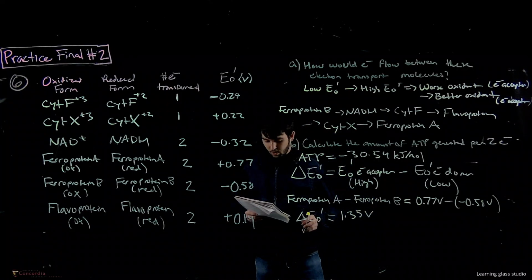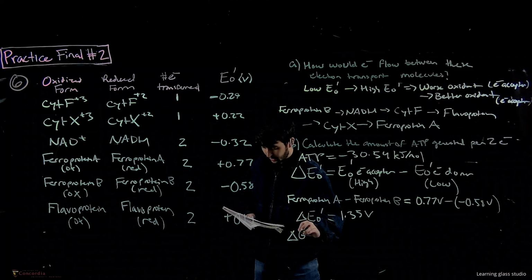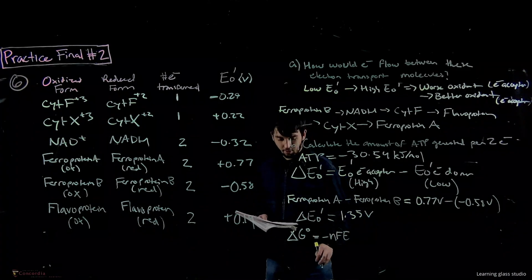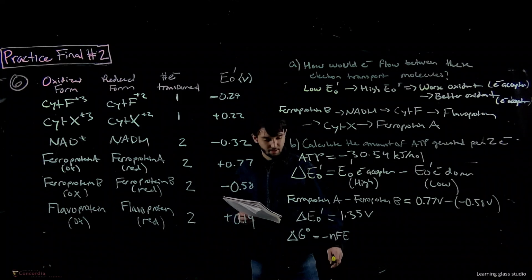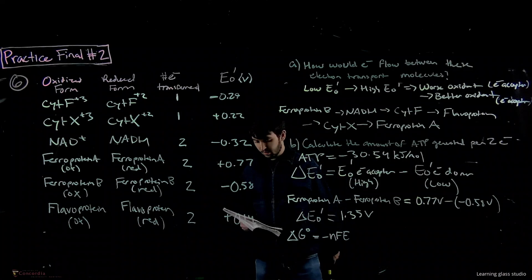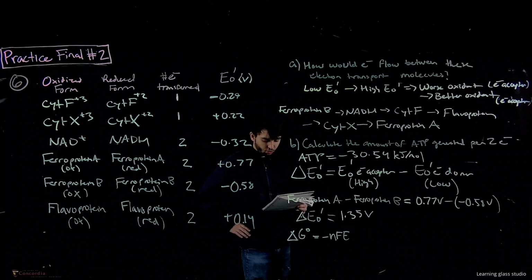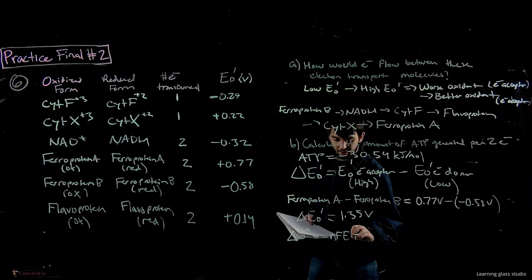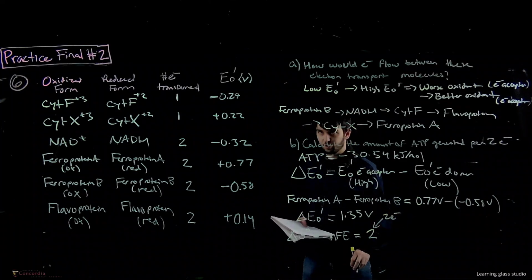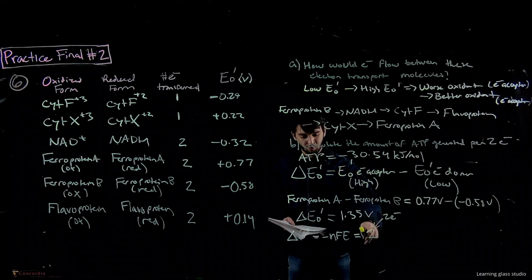So now we have to convert this to energy. Delta G is equal to negative nFE. F is the Faraday constant, n is the number of electrons, and E is what we just calculated, the difference in standard reduction potentials. So here we have 2, representing the 2 electrons transferred. It's asking us to calculate the amount of ATP generated per 2 electrons, so we put in 2 for n.